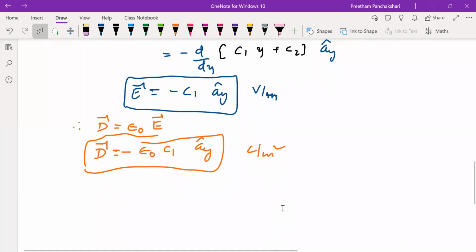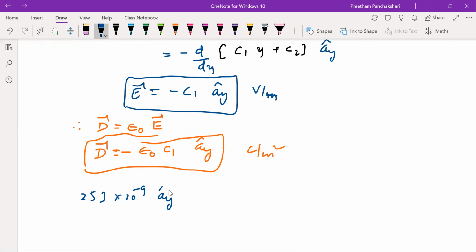But in the numerical, D is given. I would like to use that value now. That is, D is given as 253 nanocoulomb per meter square a cap y. It's a y component. Minus epsilon naught C1 into a cap y.